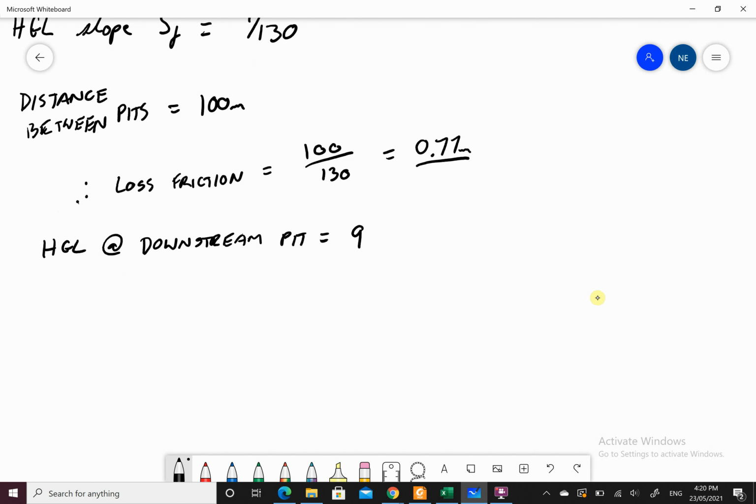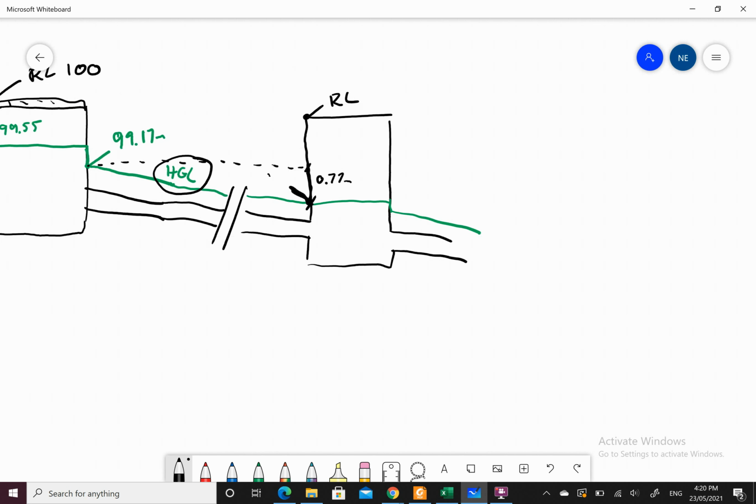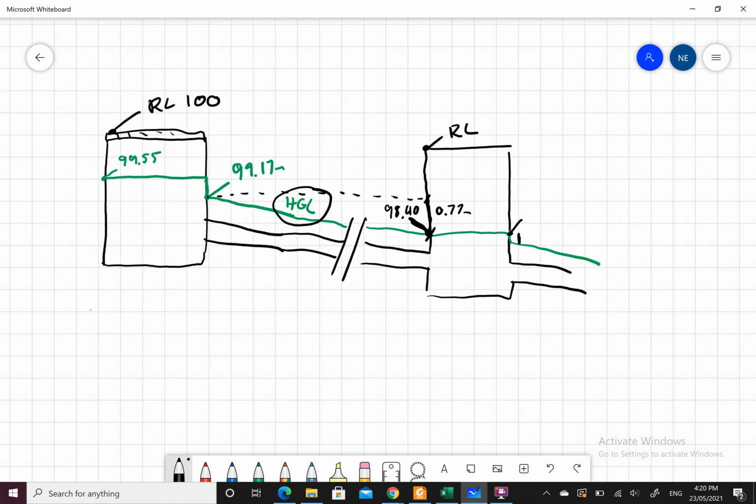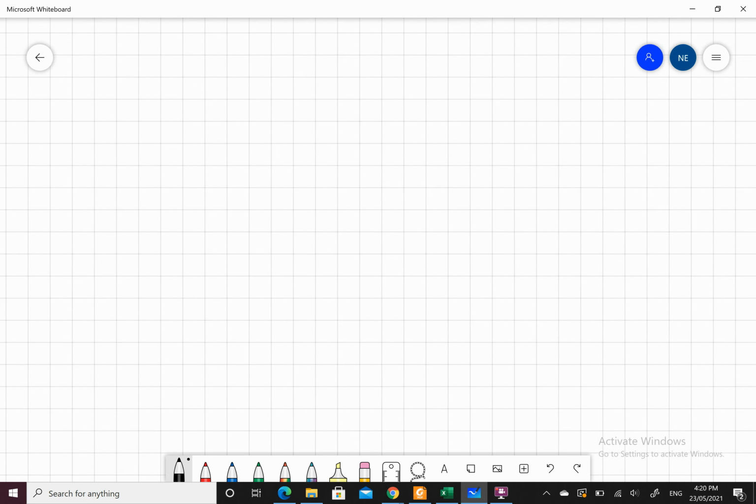So 99.17 subtract 0.77, which equals 98.40 meters. So this number here is this number here, 98.40. All right, still here, and now I have another shock loss through here. All right, so pit 1 is done. We've worked out everything that we need to know. All right, now let's have a look at pit 2.